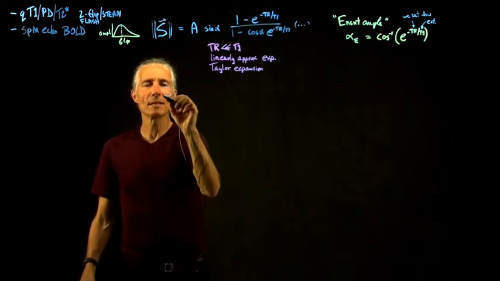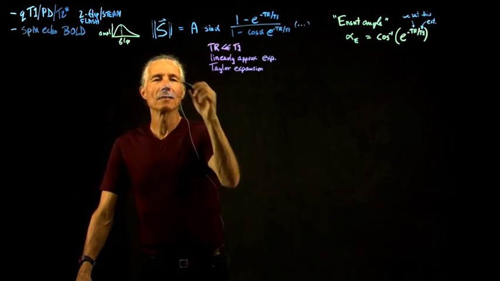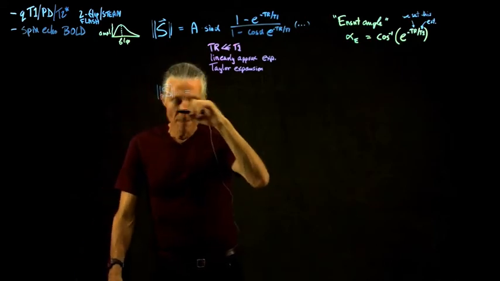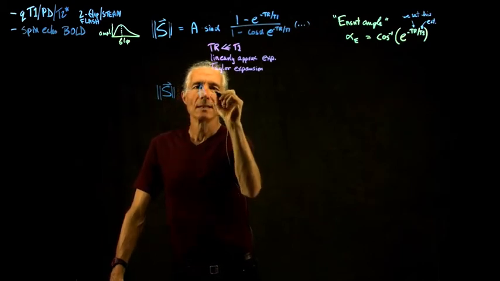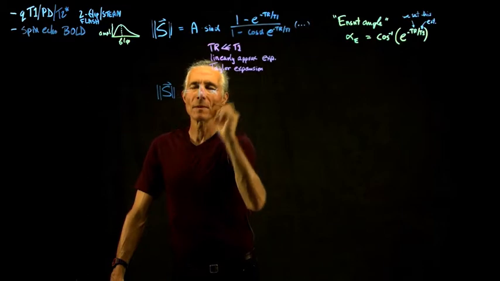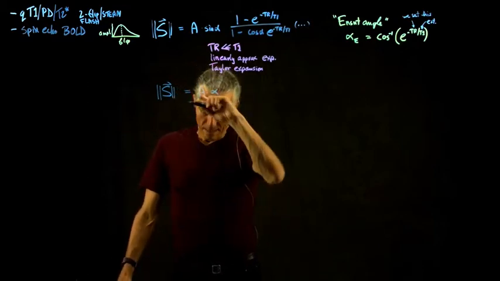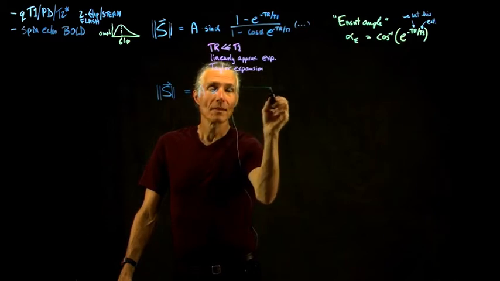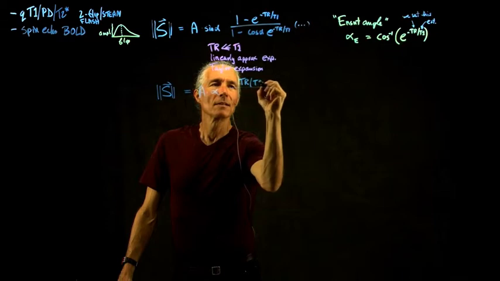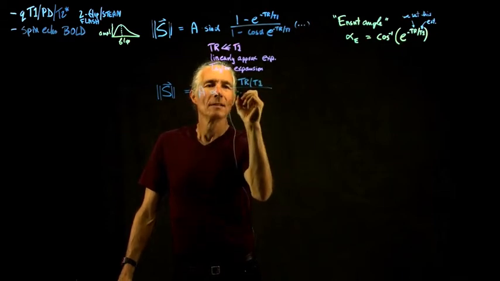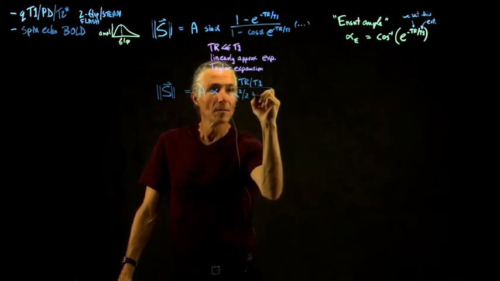The approximation of the amplitude is the proton density times the flip angle itself with no sine and cosine, with TR over T1 in the numerator, and the flip angle squared over 2 plus TR over T1.